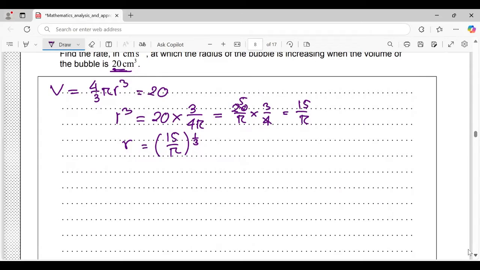And the next step, I'm going to find dr/dt using the chain rule.